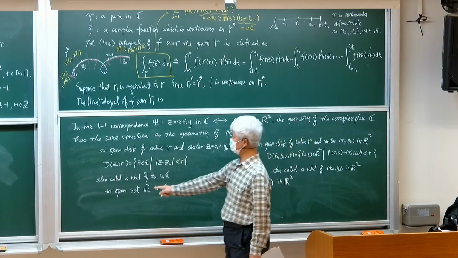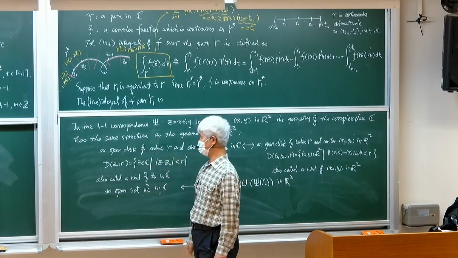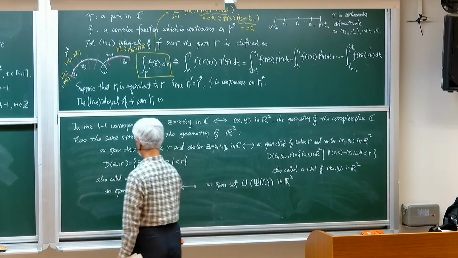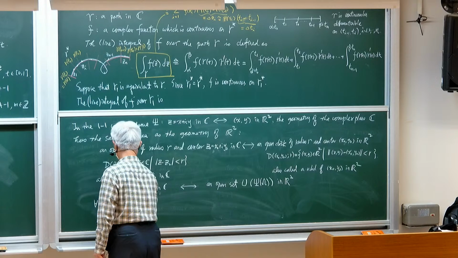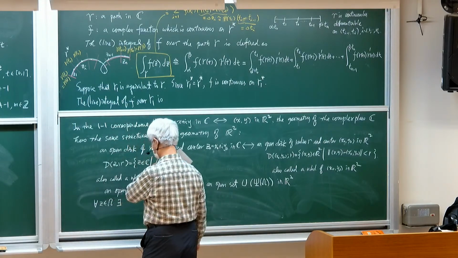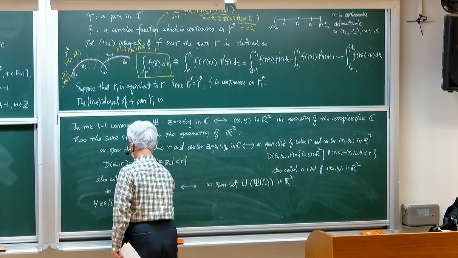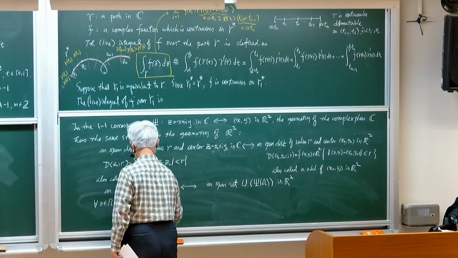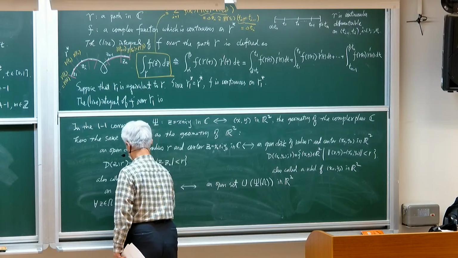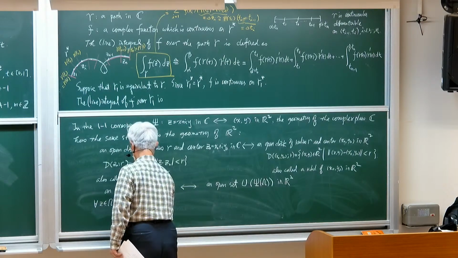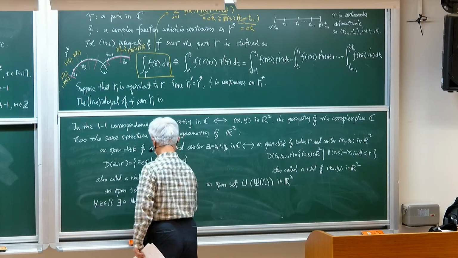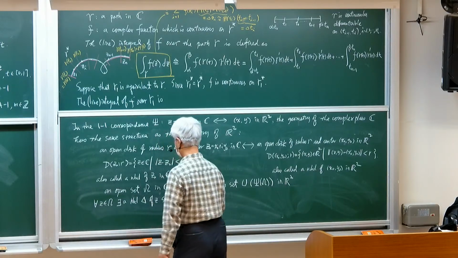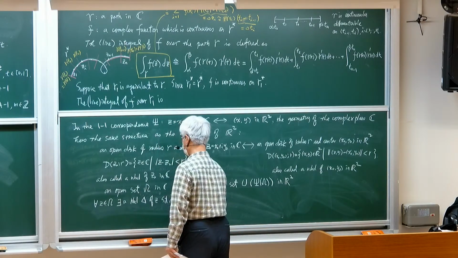And the definition of open set, as we defined in chapter 3, is that for all z in omega, there exists a neighborhood, which we call D(z, delta), of z, such that it is contained in omega.